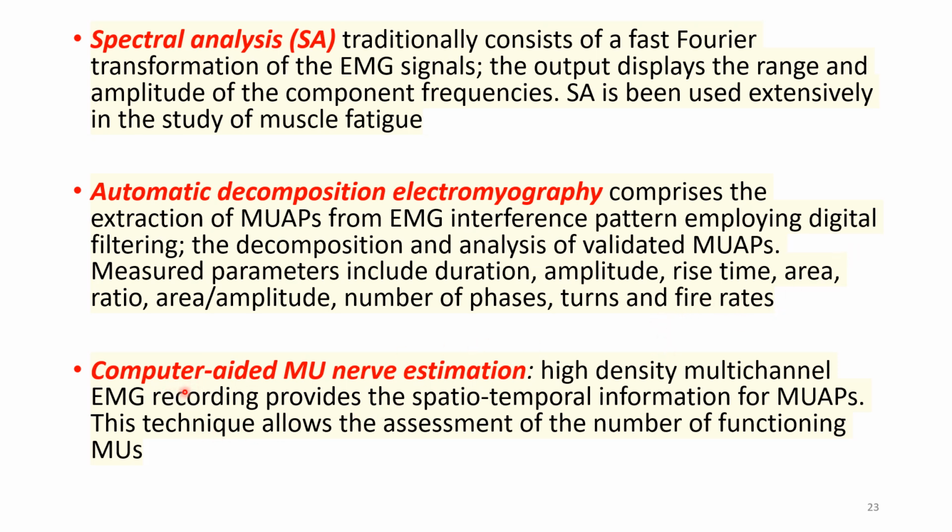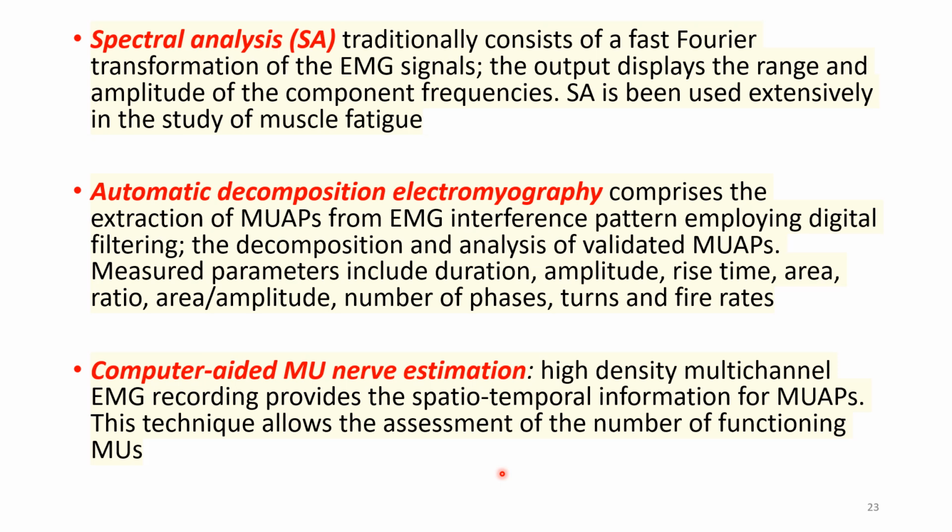Now coming to the last one, computer aided motor unit nerve stimulation. High density multi-channel EMG recording provides the spatiotemporal information for motor unit action potentials. This technique allows the assessment of the number of functioning motor units. So, for example, if you want to know how many functioning motor units are there in that muscle, you can go for computer aided motor unit nerve stimulation.